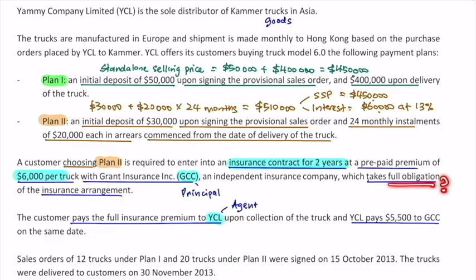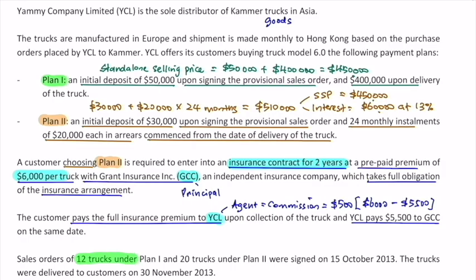Whether there's claim, less claim, or more claim, GCC is the one taking the full obligations. And how much premium is to be charged is not decided by YCL, it's decided by GCC. YCL is only acting as an agent for the insurance contract arrangement. YCL will earn a commission of $500, which equals 6,000 minus 5,500 for every truck.